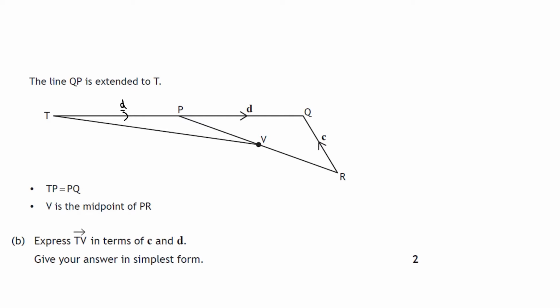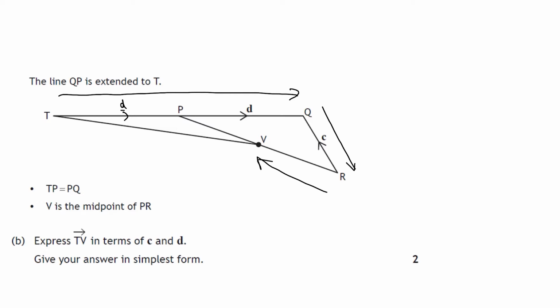Okay, so let's see how we're going to get from T to V. We can't really go this direction directly because we've not got any directional component in terms of D and C, so we've got to go all the way along here, down here, and then we're looking to go up to V. So let's have a look at how that looks.